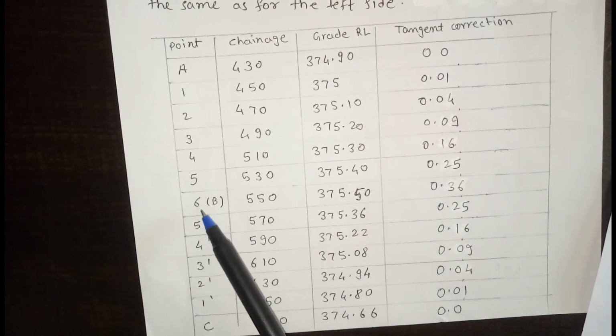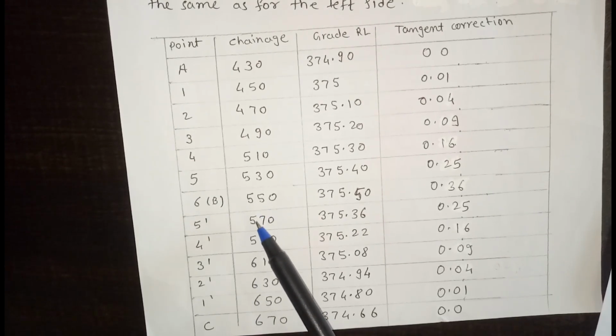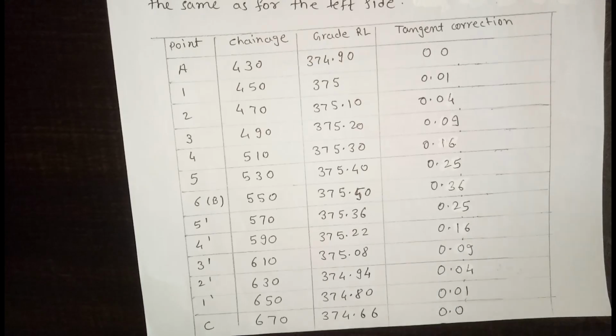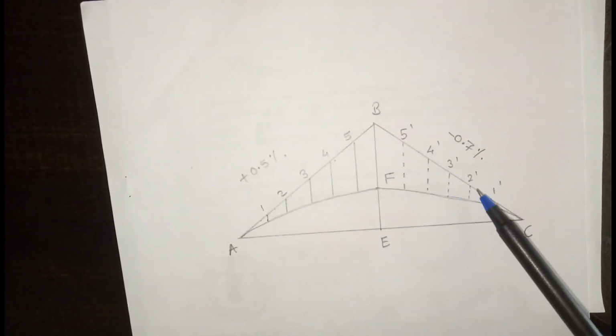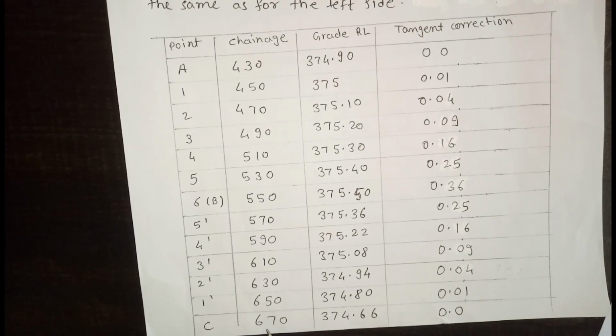Point 6 is the apex point or B point, then in decreasing order 5 dash, 4 dash, 3 dash, 2 dash and 1 dash, and this is point C. Chainage of C is 670 meter.